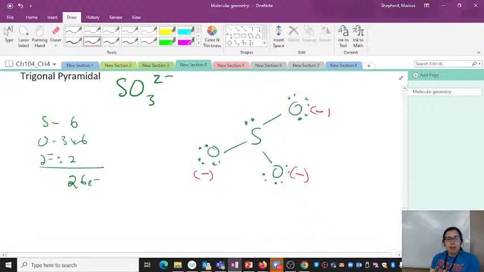And then the whole thing has to equal 2 minus. So we could either do some math to figure out what this charge is, or calculate our formal charge for sulfur. So we have 6, sorry, 6 minus 3 minus 2, that gives you 1 plus, right?